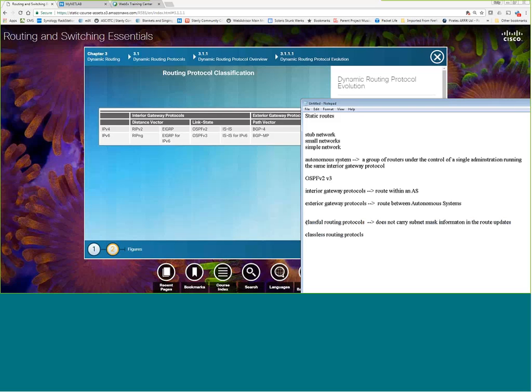In other words, it assumes a classful mask. So class A, class B, class C. Classless carries subnet mask information in the route table updates.